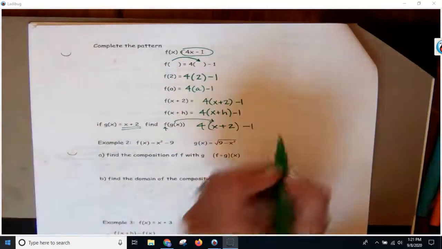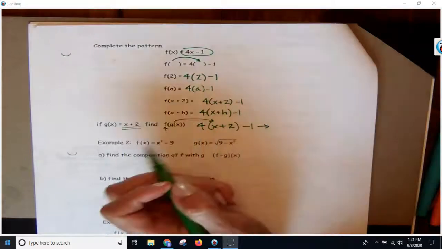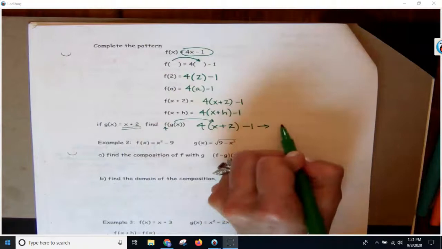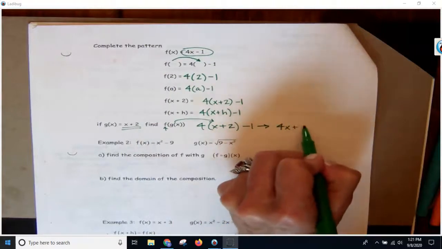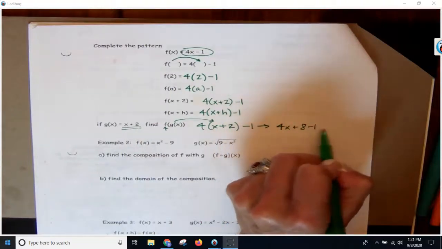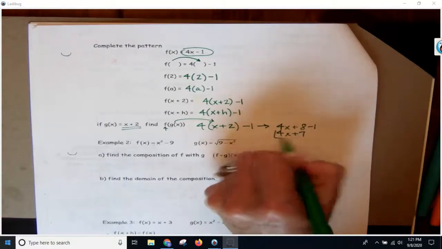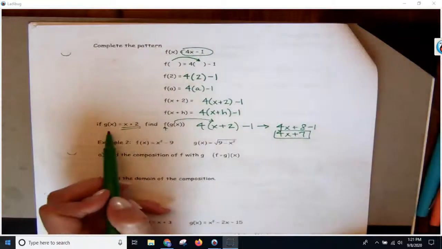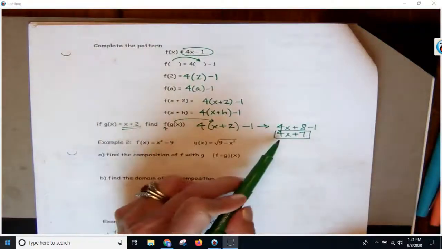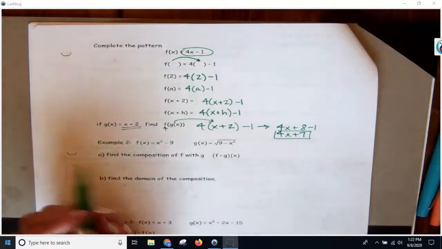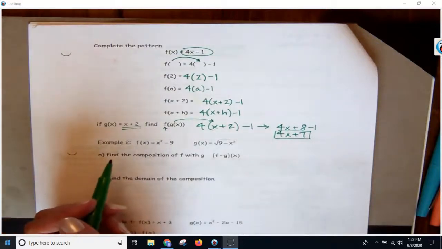Now I'm just going to simplify this. I'm not solving anything because there's no equal sign. 4x plus 8 minus 1, that's going to give me 4x plus 7. So simplified, f of g of x would be 4x plus 7. Okay? You're just putting one function in for the other.